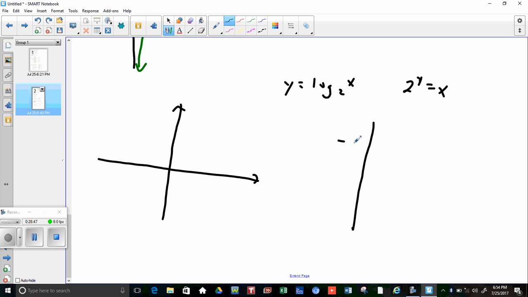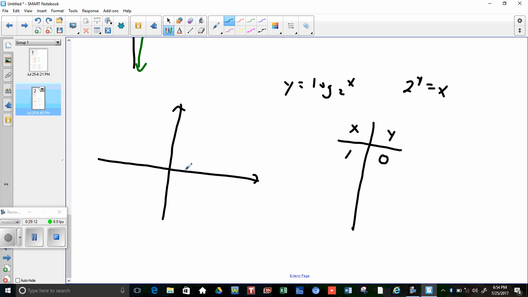One way or another, we need to create ourselves a little chart here. So x, y. All right, so what we're going to do is we're actually going to pick values of y and figure out the x values in this case, because it's easier to do it that way. So if I start off with an easy one, let's start off with y equals 0. If y is 0, 2 to the 0, anything to the 0 is 1.